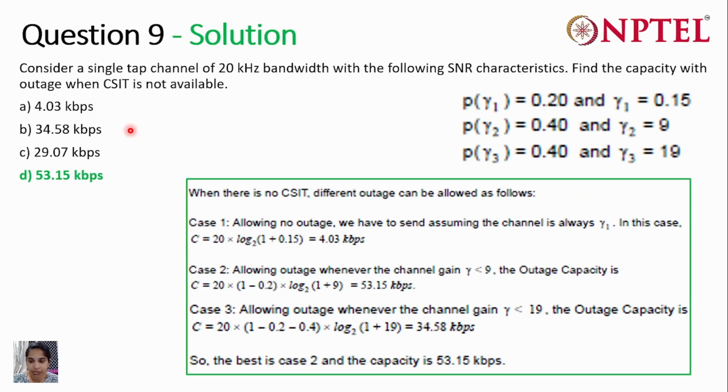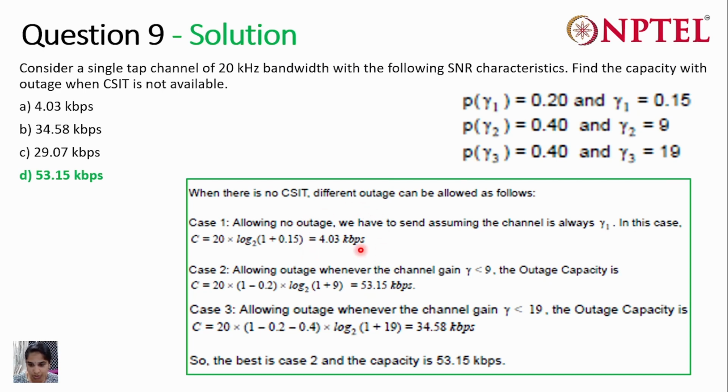What we usually do is take all the cases. First, we don't have outage. So allowing no outage, we have to send assuming the channel is always gamma 1. Now, if you find the capacity, it's 4.03 kilobits per second.